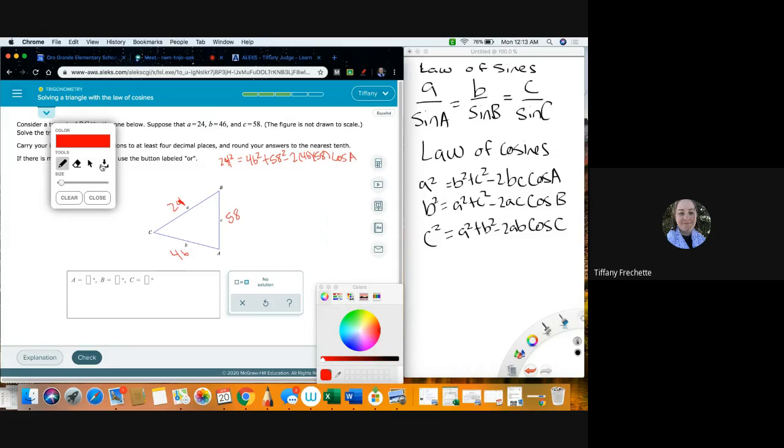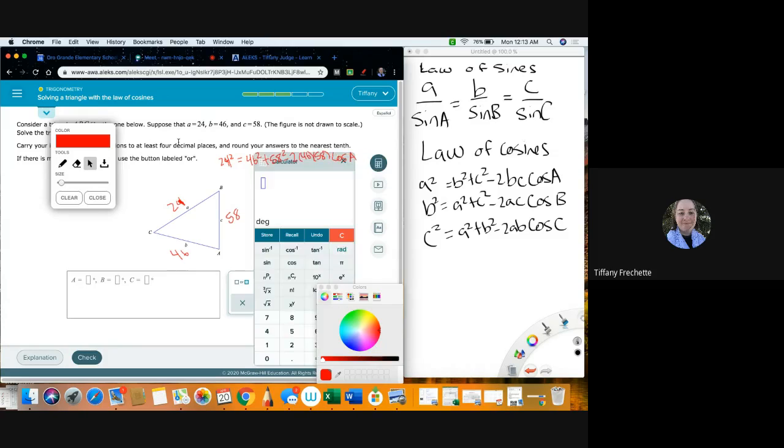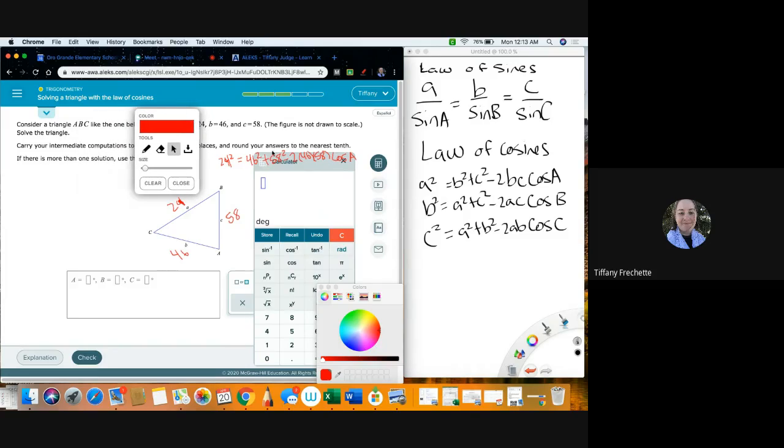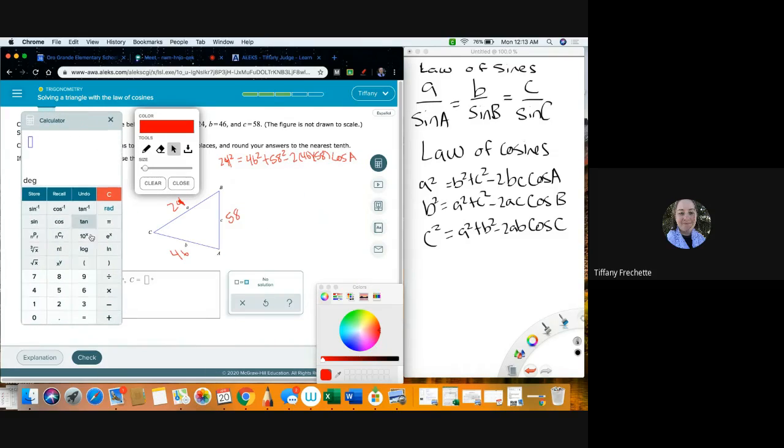All right, so let's do a couple of calculations here all at once. I'm going to my calculator over here so we can see it. I'm going to go 24 squared equals, and then I'm going to subtract 46 squared, and then I'm also going to subtract 58 squared, because I'm ultimately going to move both of these over to this side anyway.